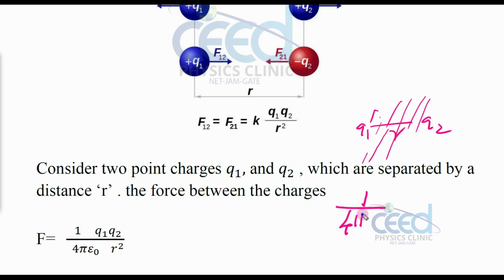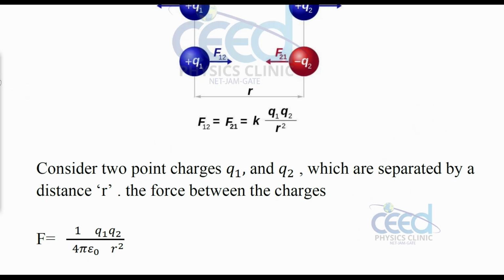So 1 by 4 pi, with permittivity of free space epsilon 0, q1 q2 by r square will be equal to F, right? So generally we can write this as F equals 1 by 4 pi epsilon 0 q1 q2 by r square.